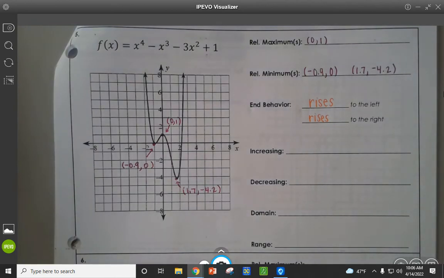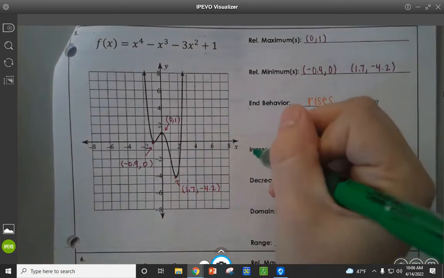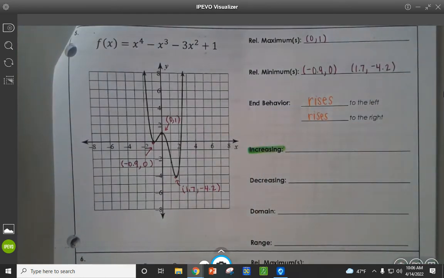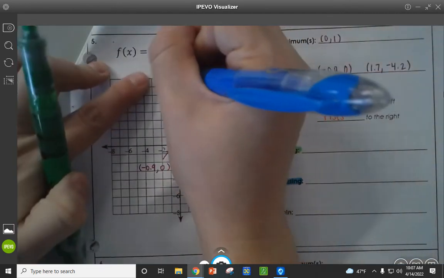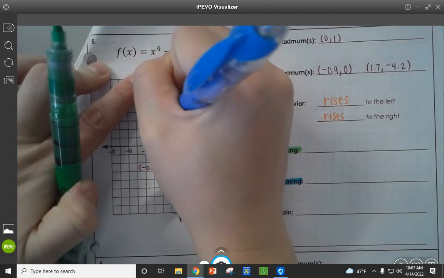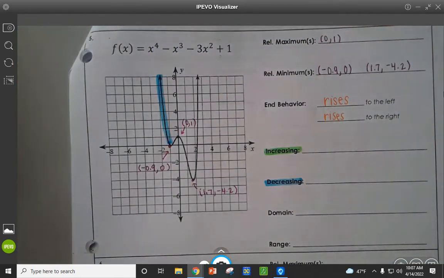And then we get to the increasing and decreasing intervals. So if we're going to start out, we start decreasing because when I trace that, I'm going down.